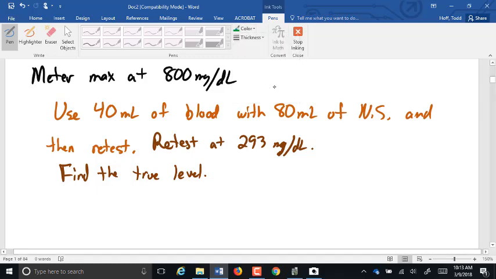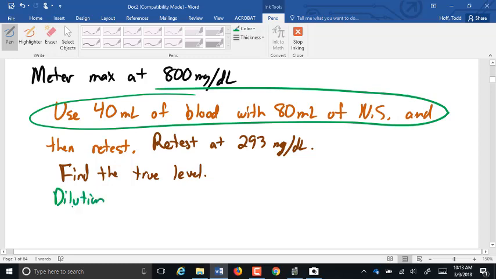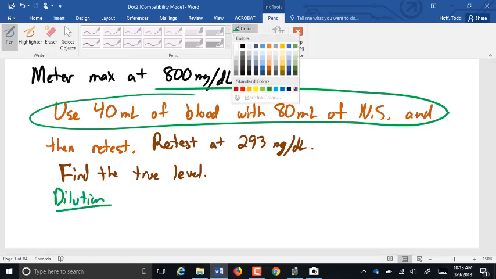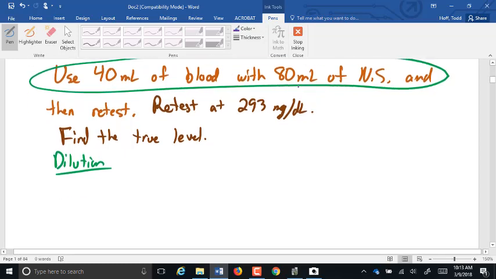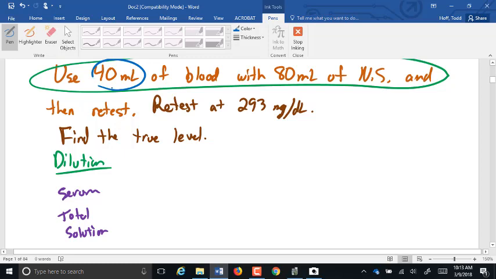Well, the first thing we have to do is look at this here where we diluted it and figure out what was that dilution. And we have to be careful. Remember, a dilution is serum to total solution. In this case, our serum is the blood, which is 40 milliliters.